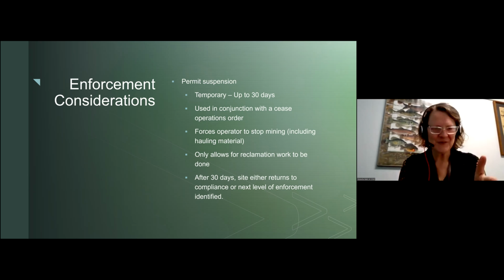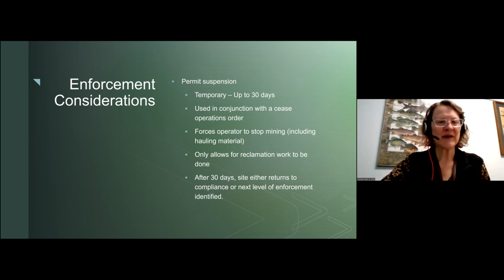I'd offer some caution in doing repeated suspensions, because if you are extending beyond 6 months under a permit suspension, there may be something a little bit more at play that suggests that you might need to move to revocation and claiming that bond. So those are some considerations when it comes to permit suspensions.